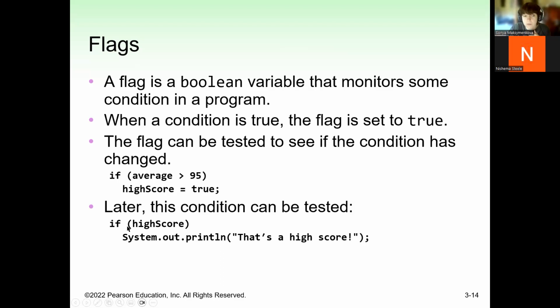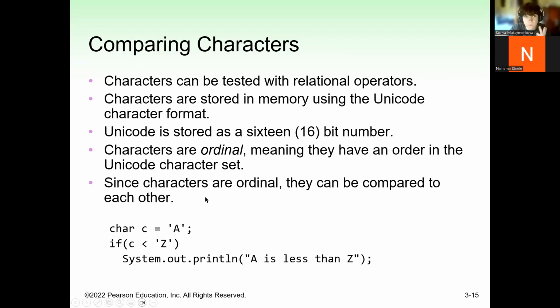So you just need to put if highScore, then we print "that's a high score." That's all the flag does for you. It just checks if a condition is true or false.